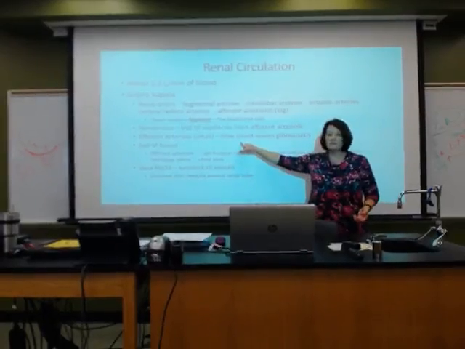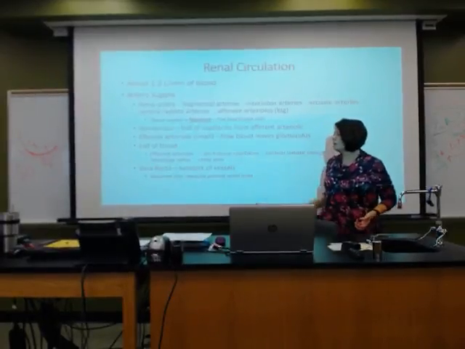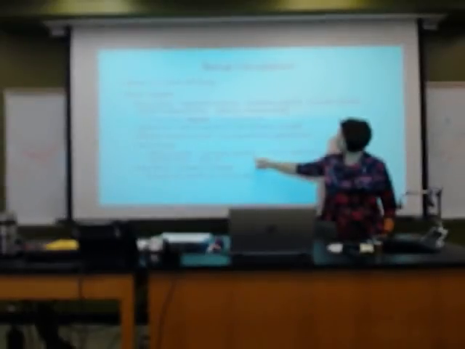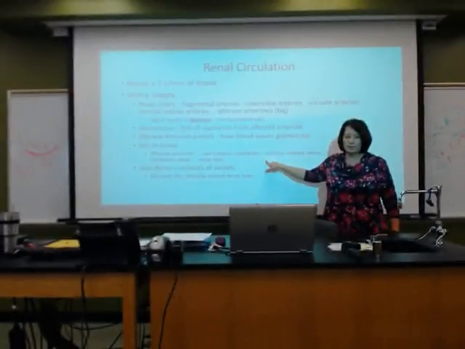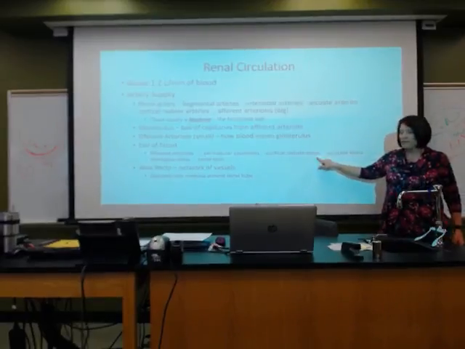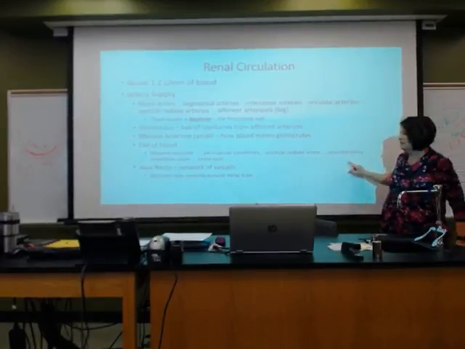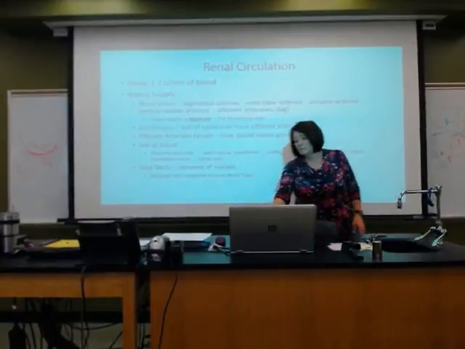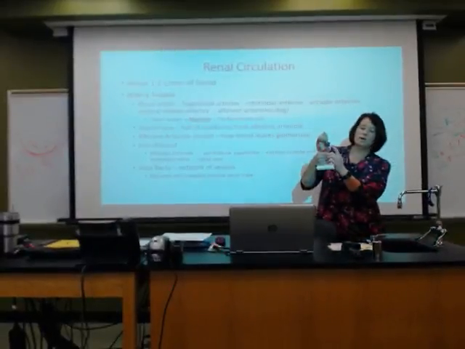Okay? So there's an efferent arteriole. The exit of the blood is from the efferent to peritubular capillaries to cortical veins, arcuate veins, interlobar veins, back to our renal vein.